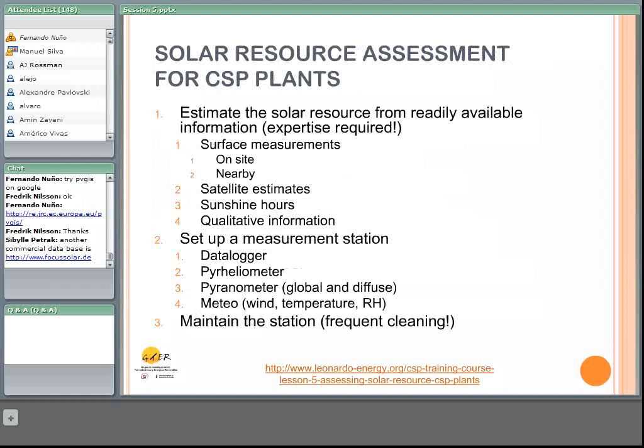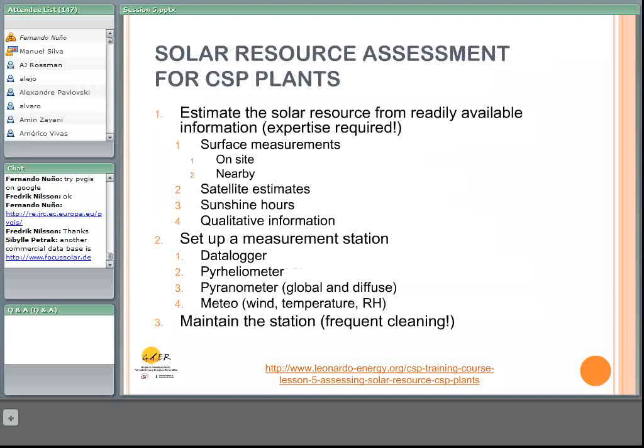Well, finally, I will give some recommendations for a good solar resource assessment for a CSP project. First, I would say that once the site has been selected, the first step is to estimate the solar resource from all available data, from all available information.